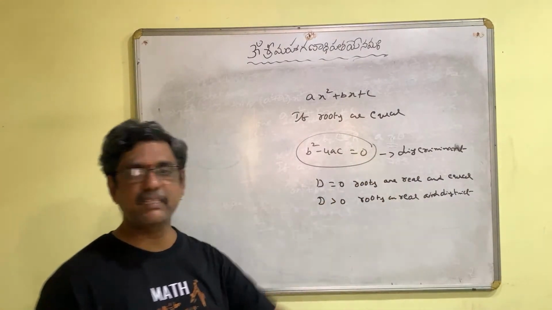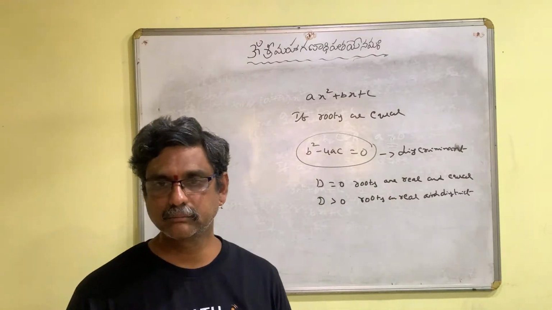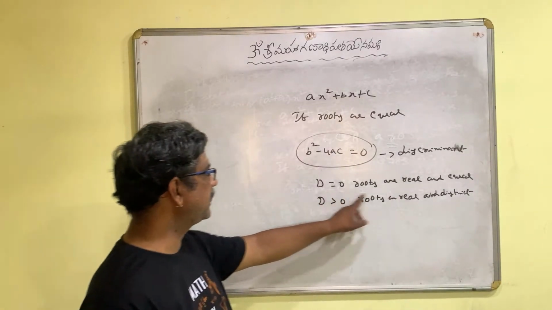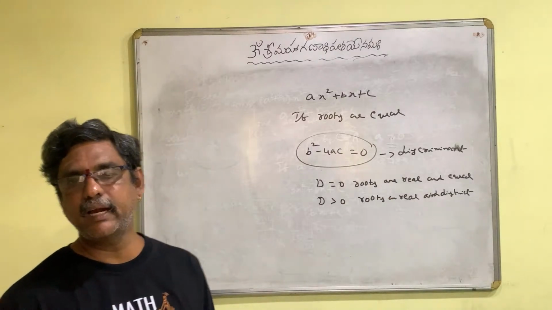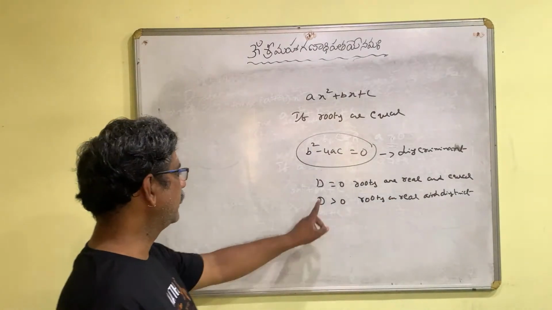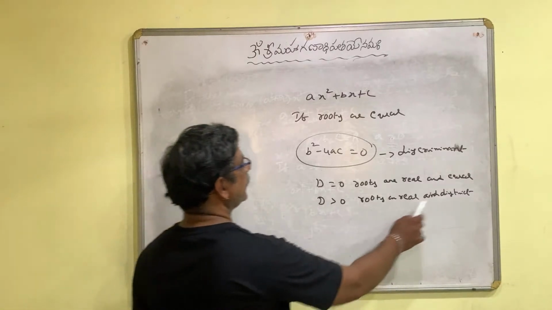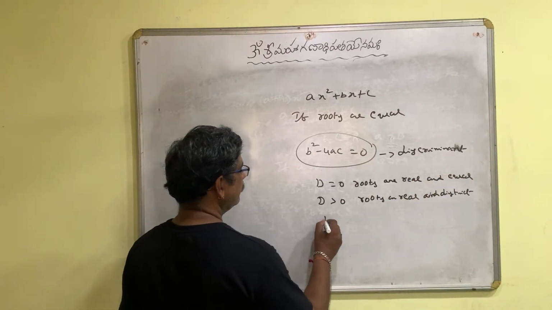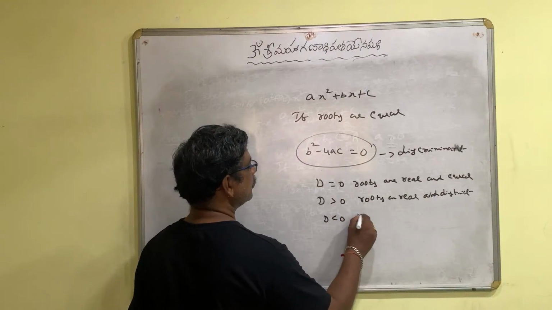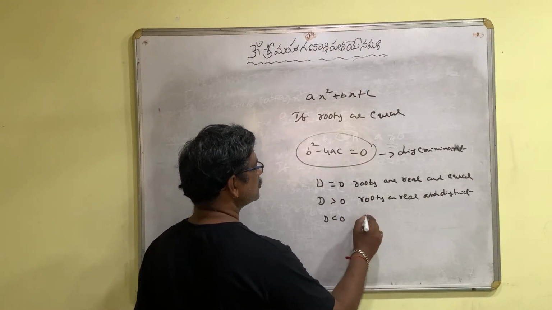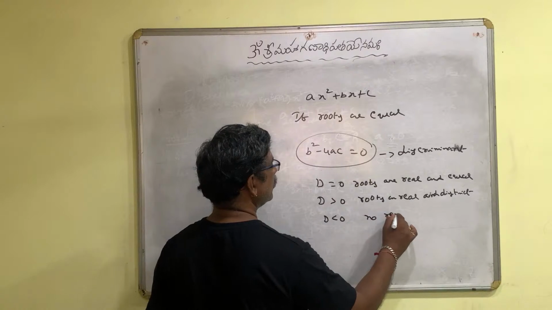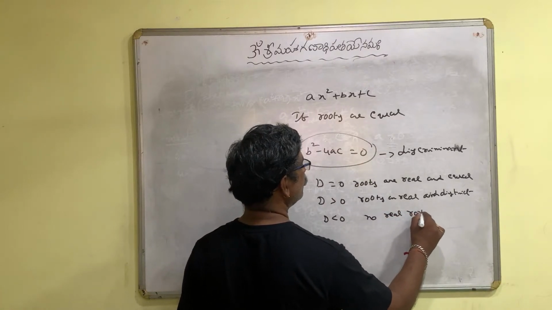When discriminant is equal to 0, the roots are real and equal. When discriminant is greater than 0, the roots are real and distinct. When discriminant is less than 0, no real roots.